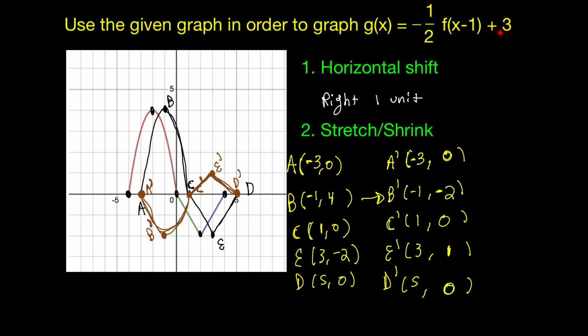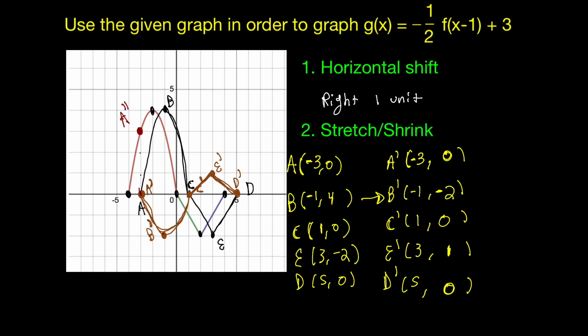which is just move 3 units. So I'm going to move A prime, B prime, C prime, E prime, and D prime 3 units up. So here, if I go 3 units up, I'm going to do this in reddish color. So here I'm going to go up 1, 2, 3. I have A double prime.